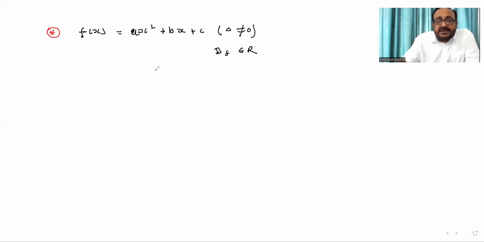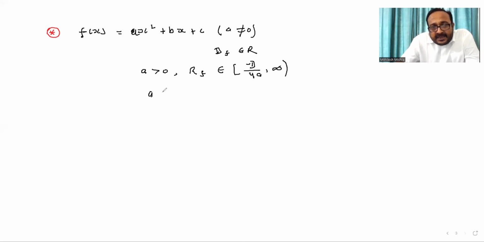But to find the range, from quadratic equation, if a is positive, then its range becomes -D/4a to infinity.